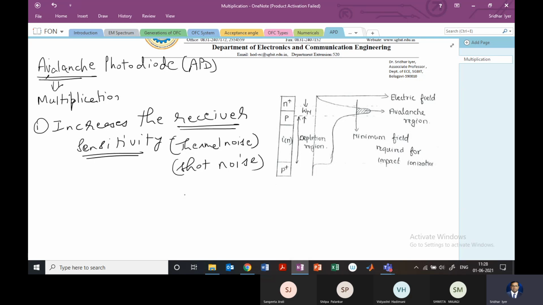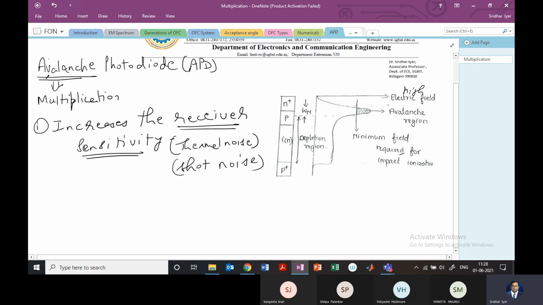So for this carrier multiplication to occur, the photo generated carriers are made to travel through a region where there is a high amount of electric field. So if you look at the diagram on the right hand side, there is the mention of this electric field, and this is a very high electric field, right?